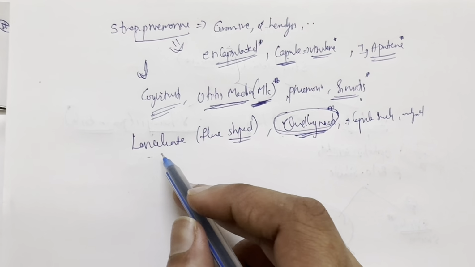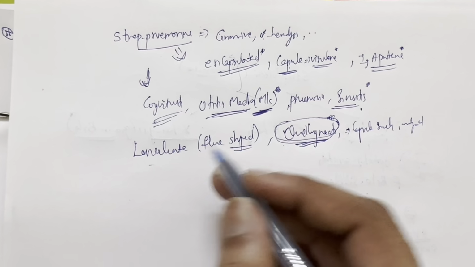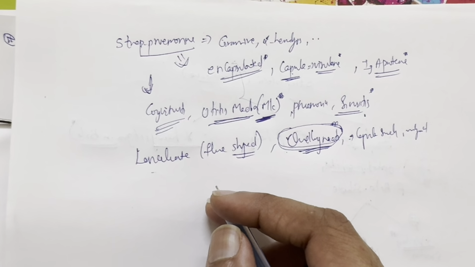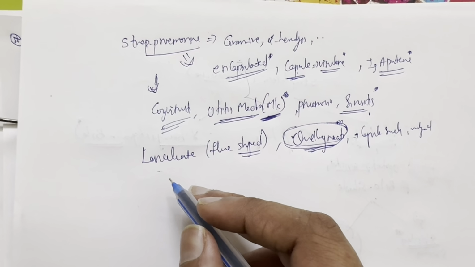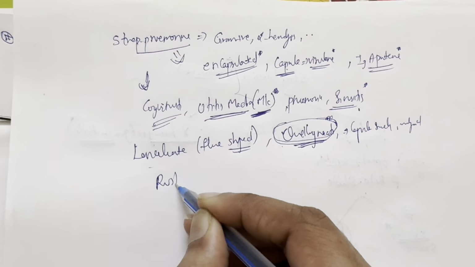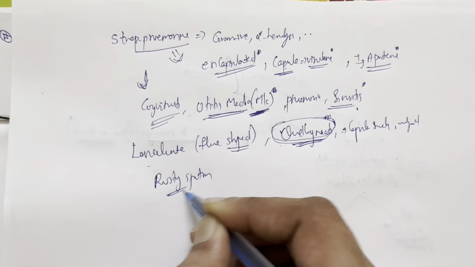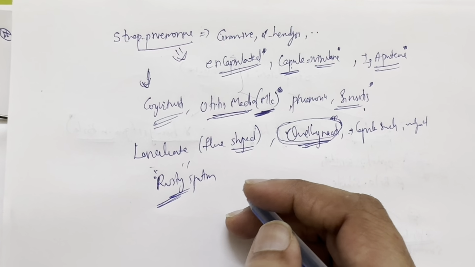Or if the organism is flame shaped, you can straight away answer it's Strep pneumonia. This pneumococcal pneumonia is associated with rusty sputum. So the sputum that you see in these pneumonia patients is rusty in color.